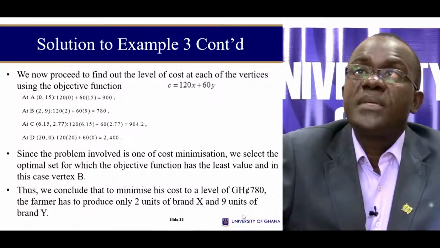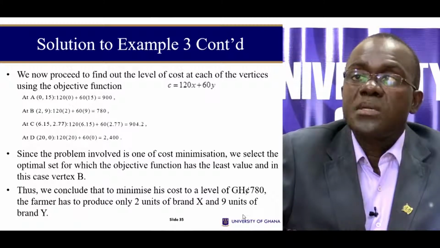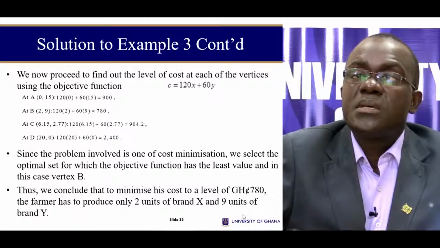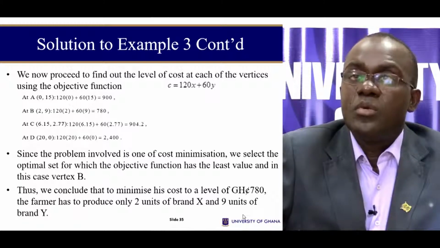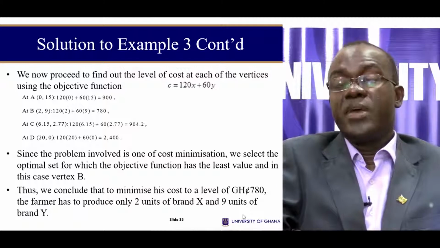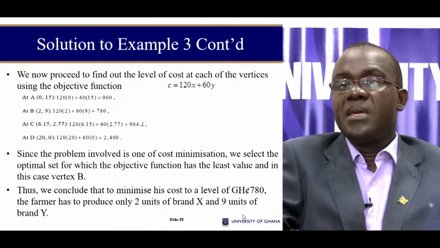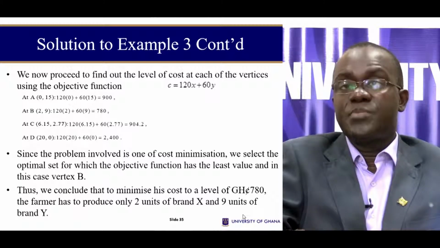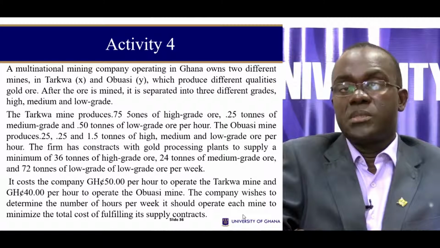So we put the points into this equation, and then we come to know that the minimum cost, so these are the costs that we have, and the minimum is over here at the point B. It means if he wants to minimize costs, he should combine the three sorts of fertilizer in these proportions to be able to have the minimum cost.